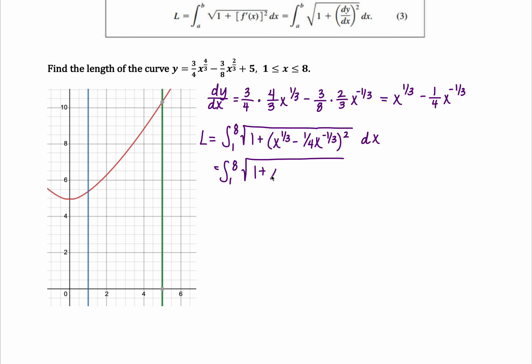So we end up with x to the 2/3 minus 1/2 plus 1/16 x to the negative 2/3.